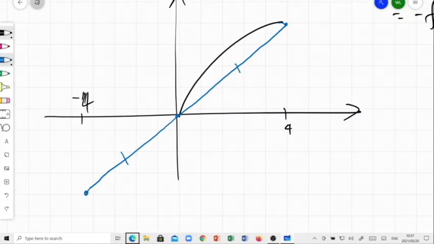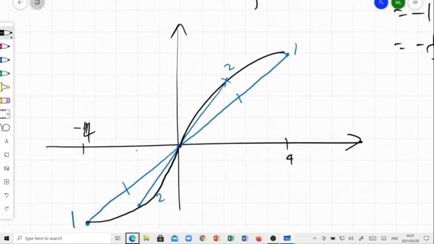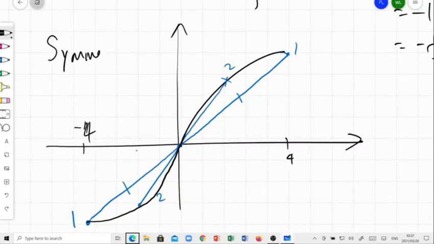So point 1 moves to its reflection through the origin, and I do the same to point 2, like there's point 2. Then all I have to do is that, and that completes the curve. So this is what is called symmetry around the origin.